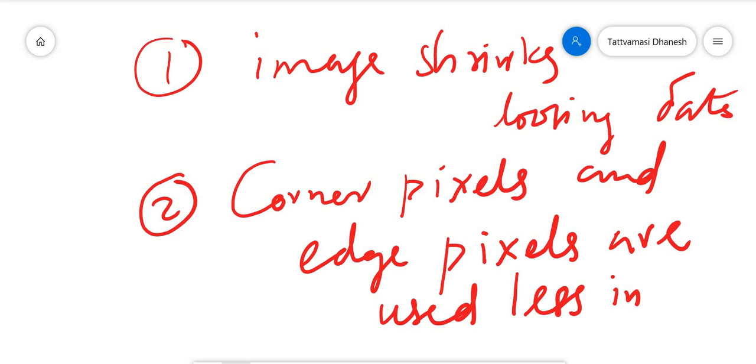So these are the first two drawbacks. I think the first one you understood well, because the image shrinks. I already told you the 6 by 6 is converted into 4 by 4.